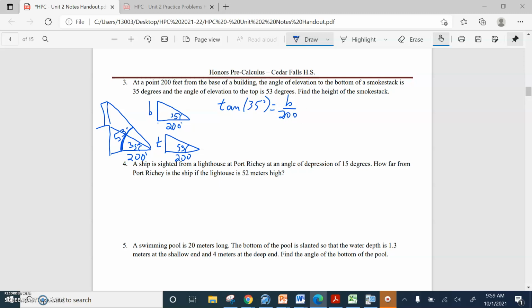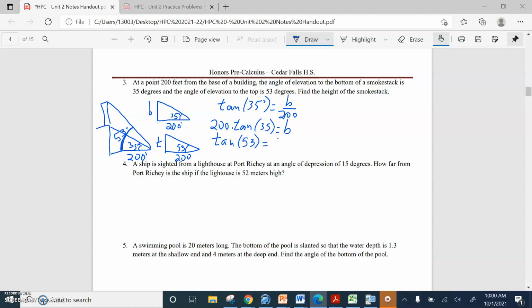If we want to find B by itself, we multiply both sides by 200. So 200 tangent of 35 is B. And the same thing goes when we look for the tangent of 53.